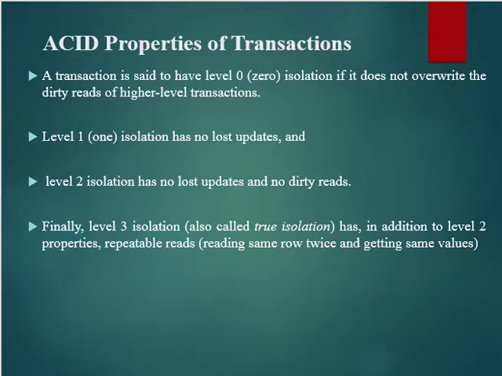So when can we achieve this isolated state, or when can't we achieve this third isolation level? A particular transaction reads the item and goes on to do other processing, and in the meantime there may be another transaction that reads that item and updates it. So when the first transaction again comes to read the same data item, there is a chance that the other transaction might have changed the value of the data item.